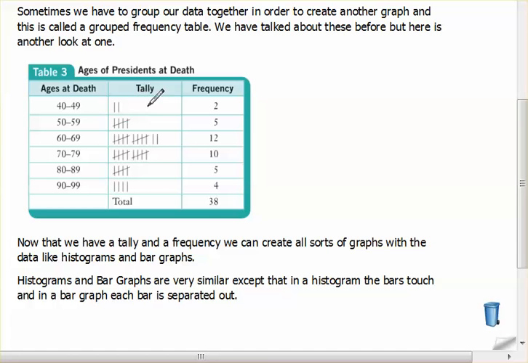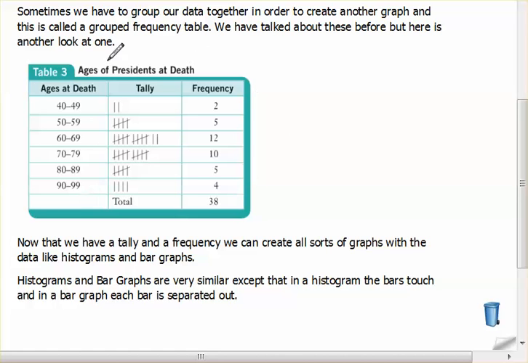And then at the end of finding all of those data values and putting them in their correct place, then we can add up the frequency, add up those tally marks from 40 to 49. There were evidently two presidents that died in that age range, five presidents that died in the age range of 50 to 59, and so on and so forth.